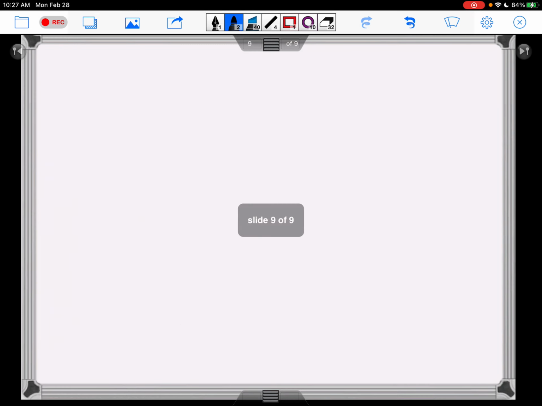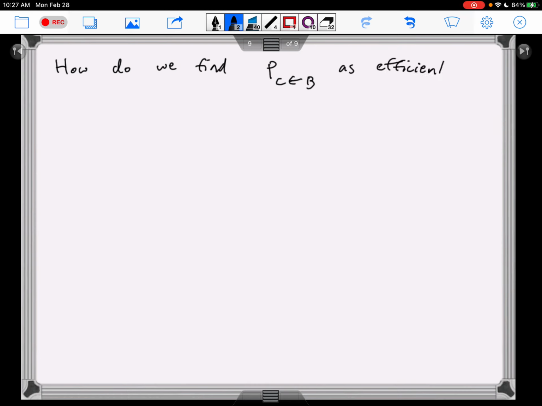So, how do we find this change of basis matrix as efficiently as possible? So think about it.